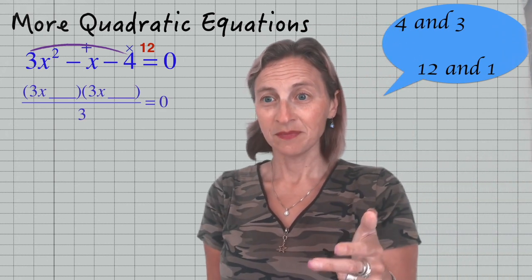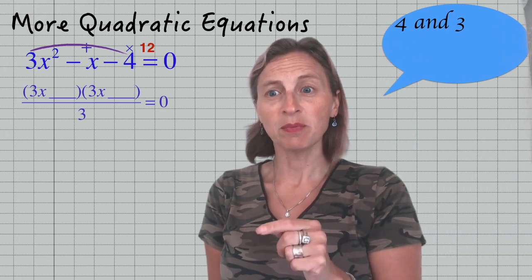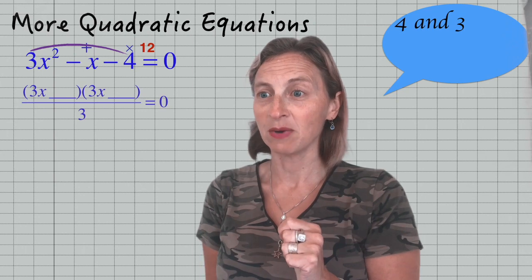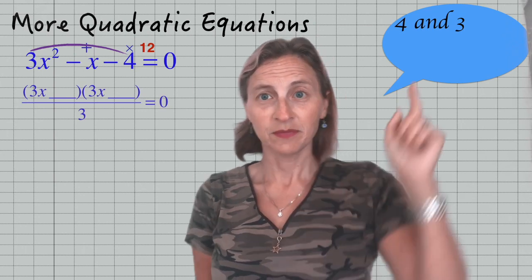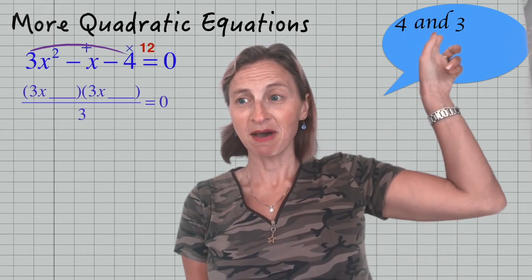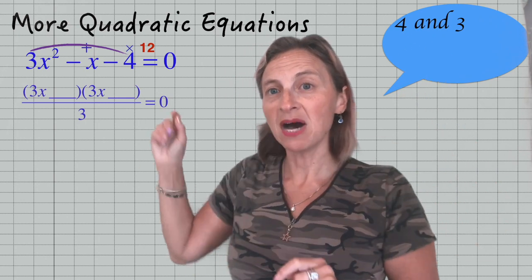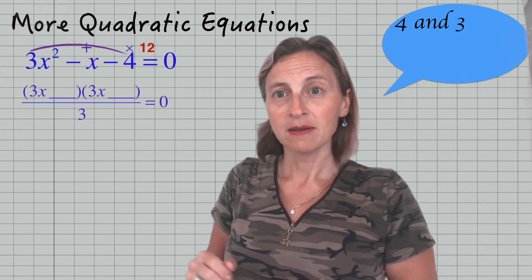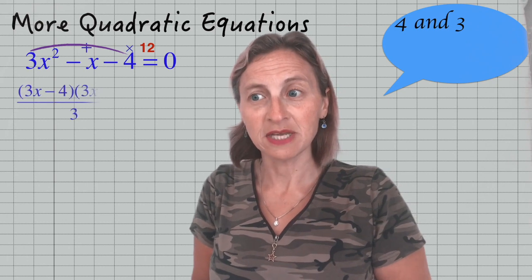You get those? Great. So which one of those multiplies to give 12 and adds to give minus 1? 4 and 3. Great. So we need to think about 4 and 3. How can we get minus 1 from 4 and 3? Minus 4 plus 3. Great.